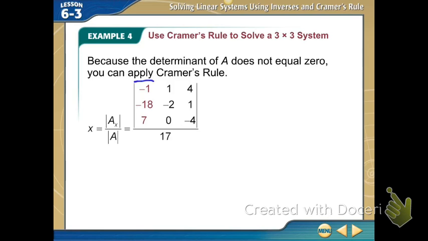So notice that all the answers, if we're solving for x, replace the x coefficients. And then the determinant of the coefficient matrix is on the bottom.